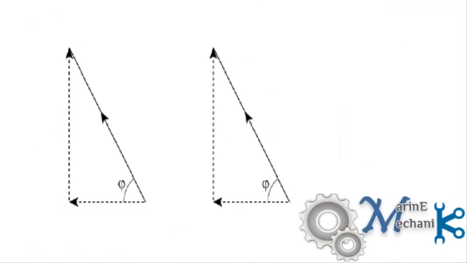Now assume this to be the power triangle. Let's relate it to electrical means. So here is the boat and here is the horse. If the boat and the horse were in a straight line, the effort required by the horse is just the straight line.